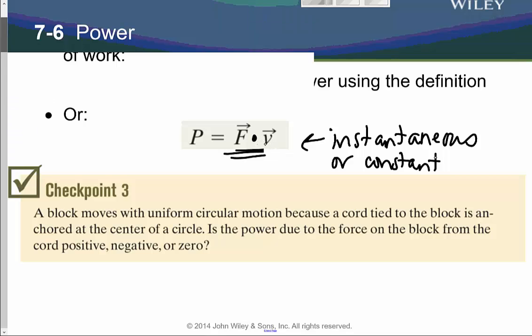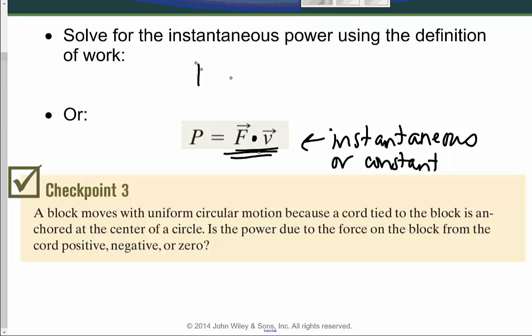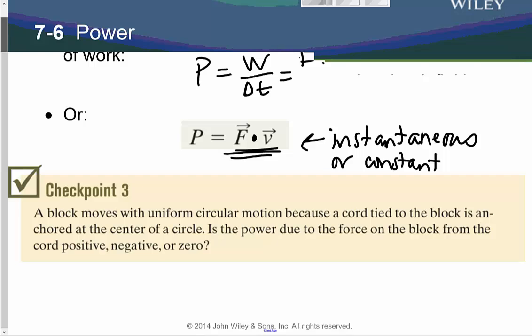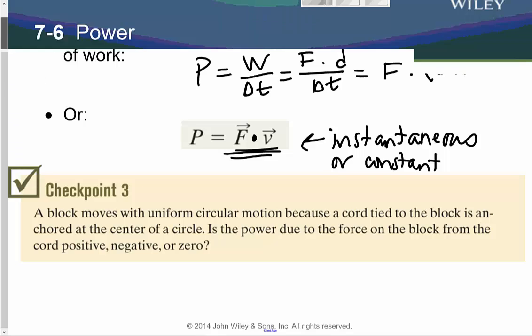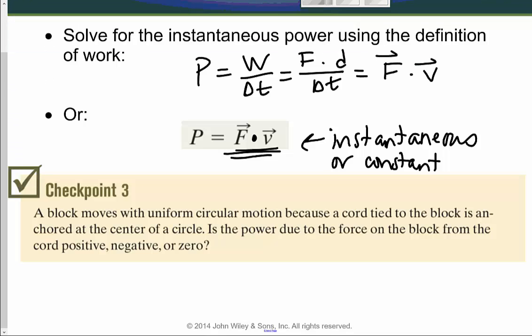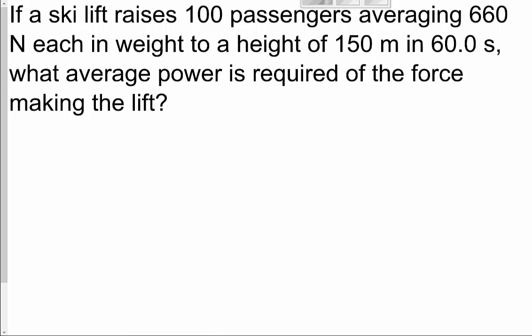We get that because power is equal to work over how long it took to add that energy to the system, which is force times displacement over time, which would just be force times velocity. These are both vectors, and again it is the dot product. Very useful formula. So we did this example in class, a very simple one to start with.